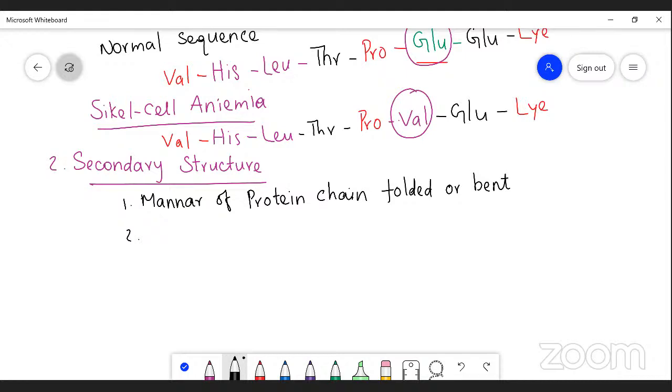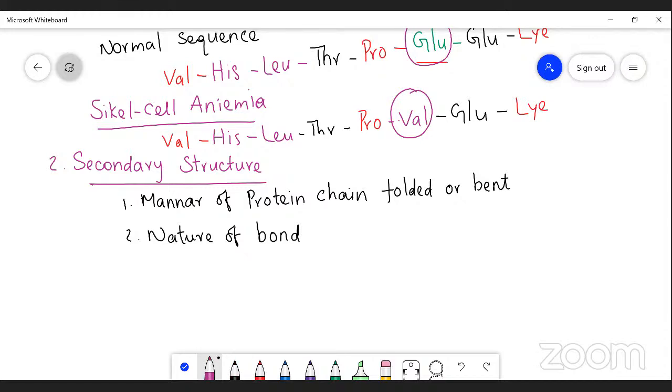So the nature of bond which stabilizes the protein molecule is explained by the secondary structure. So the secondary structure represents the manner of protein chain folding and the nature of bond.